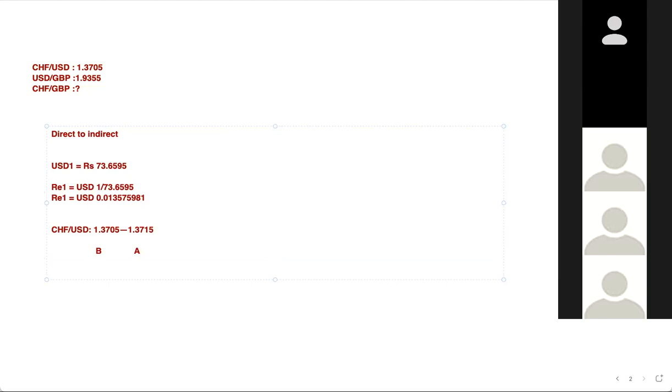Now I want to convert it this way, USD per CHF. We will learn to write this quote now. When we do this, we are going to do 1 divided by, right? Yes, ma'am. After doing 1 divided by, it comes out reversed, so it's the reciprocal. What is the reciprocal of this?